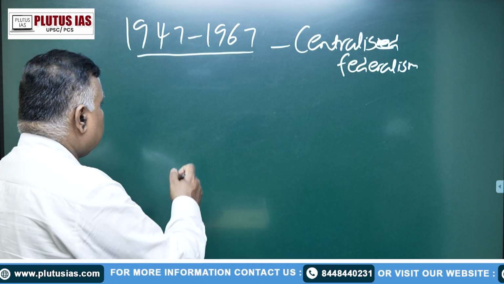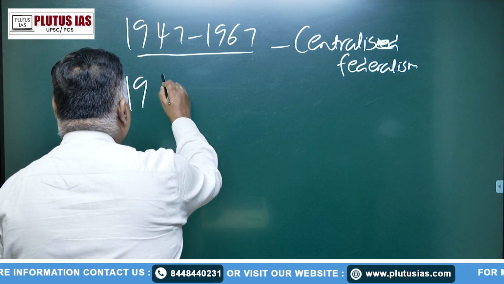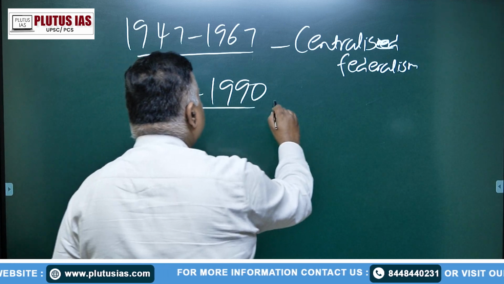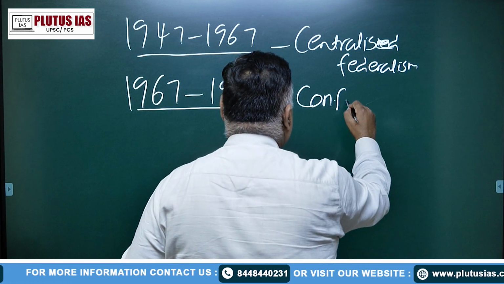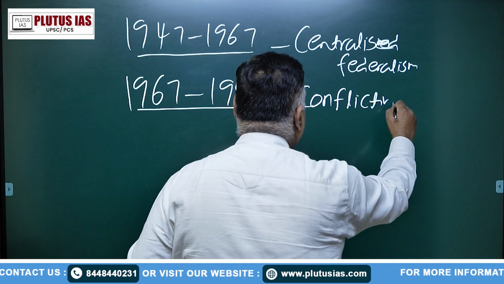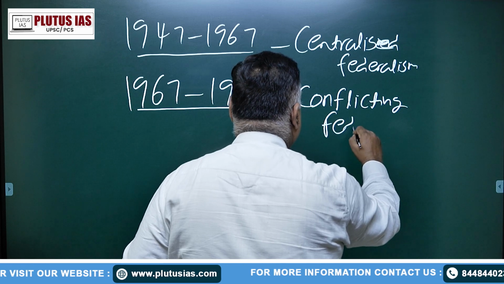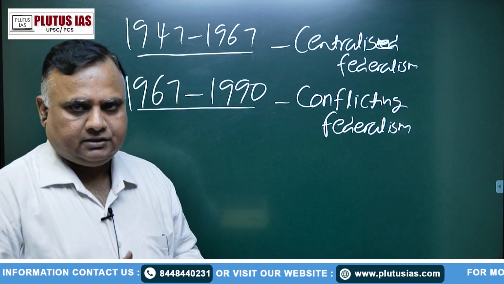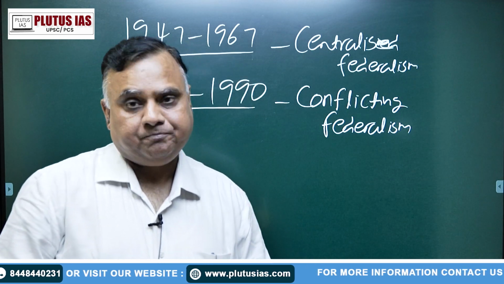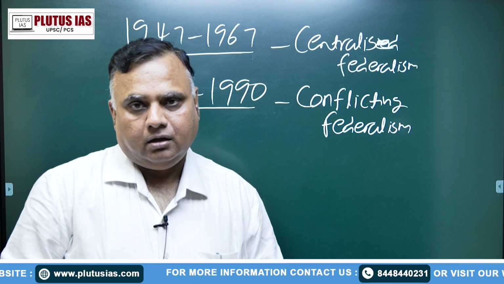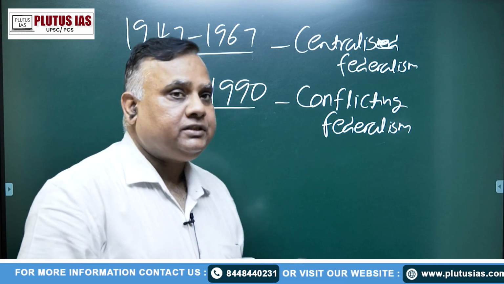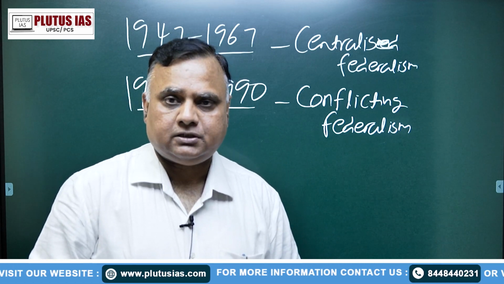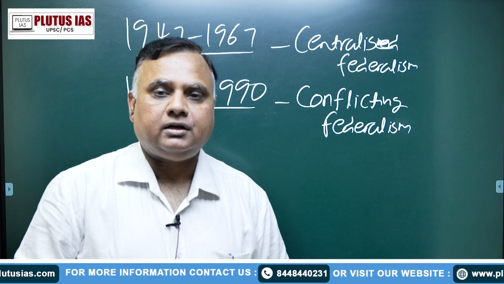So in the second phase, 1967 to 1990, there was conflicting federalism. Here, the highest number of uses or misuses of 356 occurred. In this phase, you will see that most of the non-Congress governments in states were dismissed using Article 356.